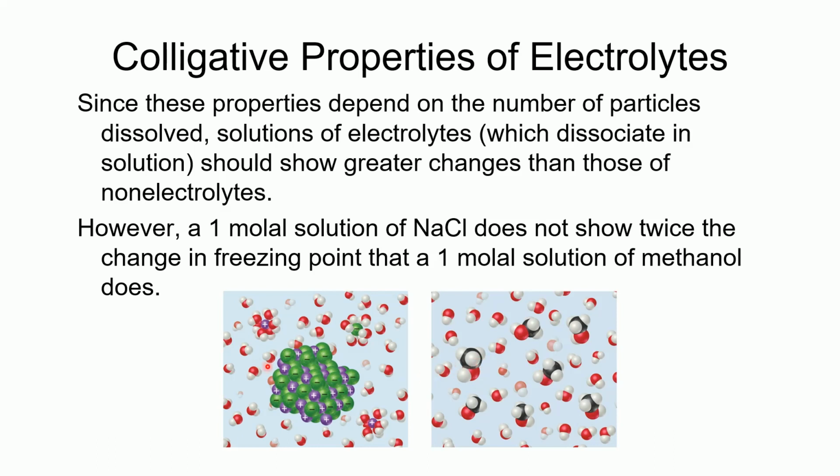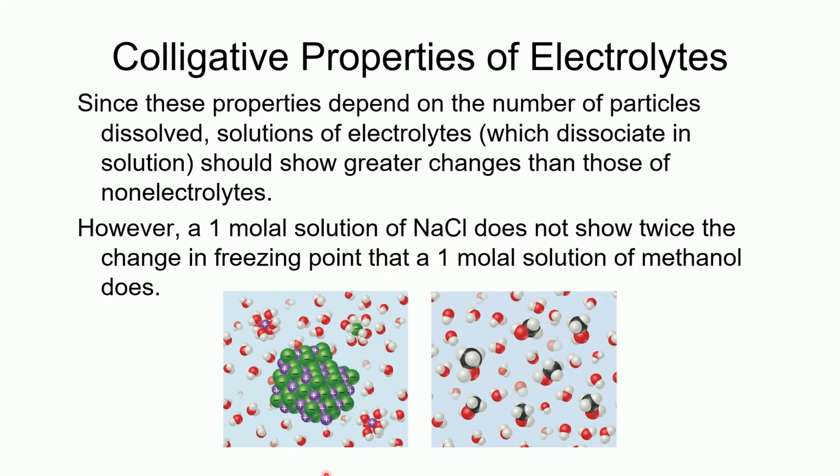If we were to have a 1 molal solution of sodium chloride, it would have a significantly higher effect on the boiling point or the freezing point than a 1 molal solution of, let's say, methanol. And the reason for that is that methanol is not an ionic compound. It does not dissociate, and so it will not have a larger impact.